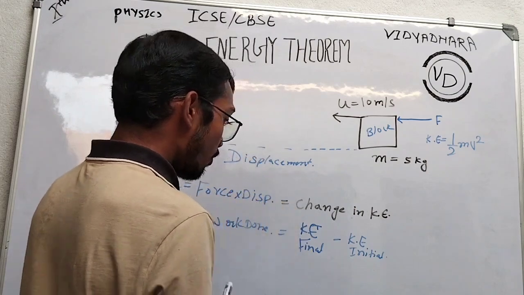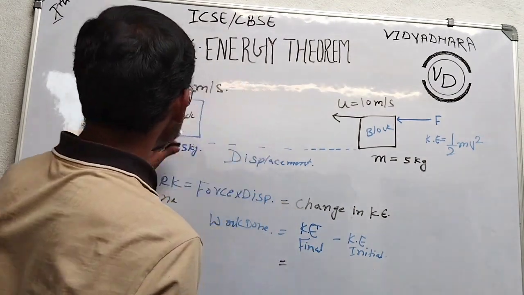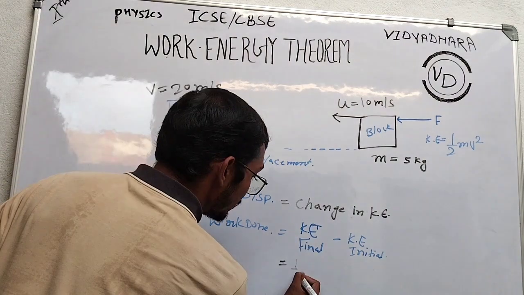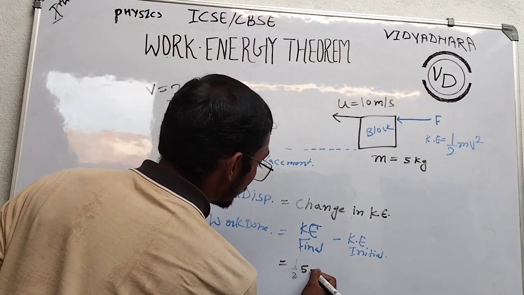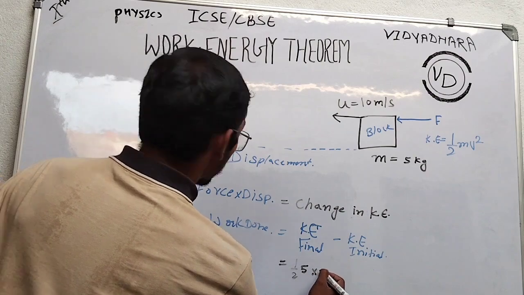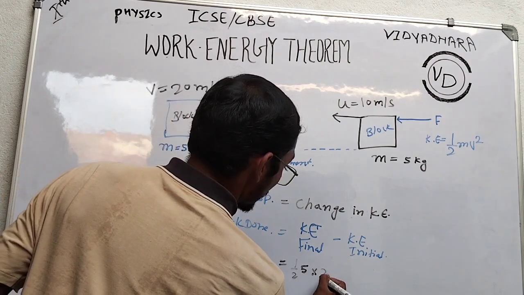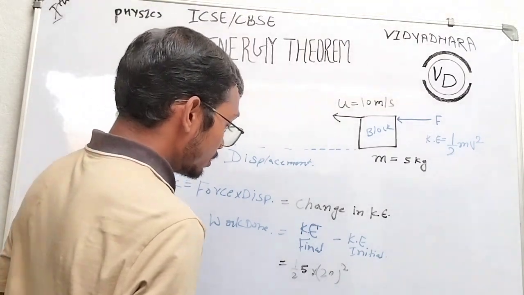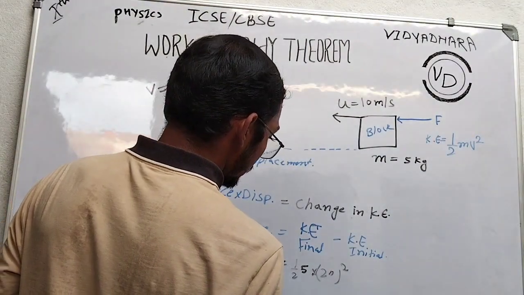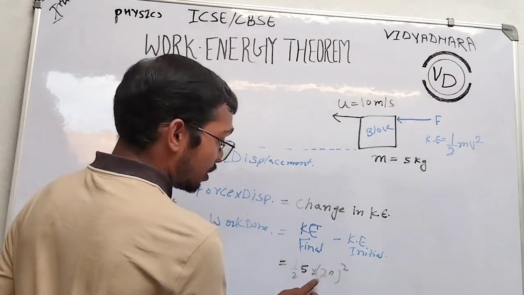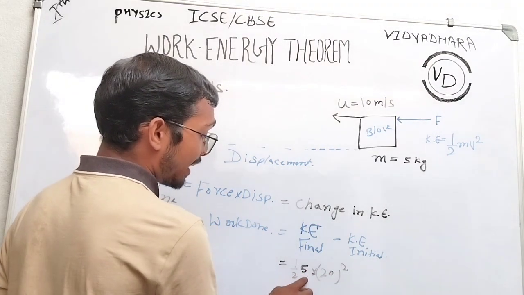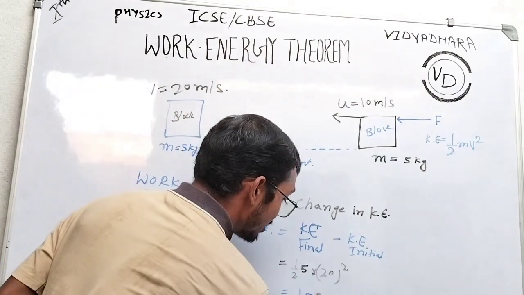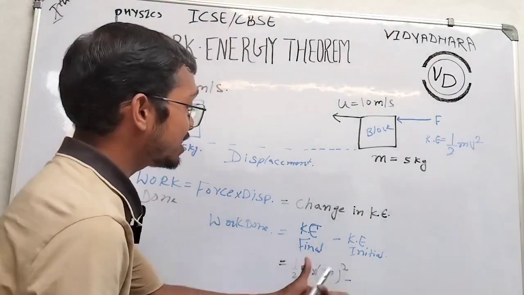Final kinetic energy is half into 5 into 20 squared, which is 400 into 5, 2000 by 2, so 1000. Then minus kinetic energy initial.